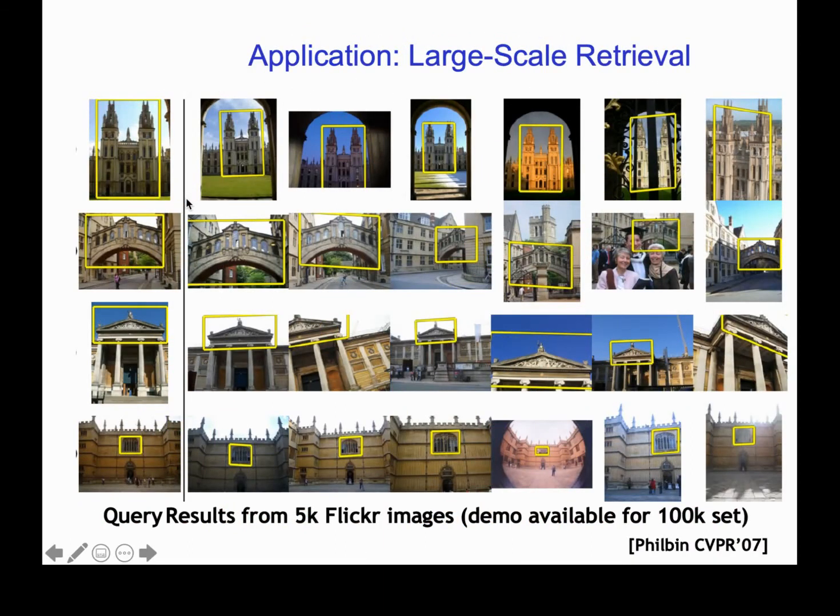And this, through specific object recognition, can be done. It's called large-scale retrieval, where I'm able to actually locate the same object in various photographs.